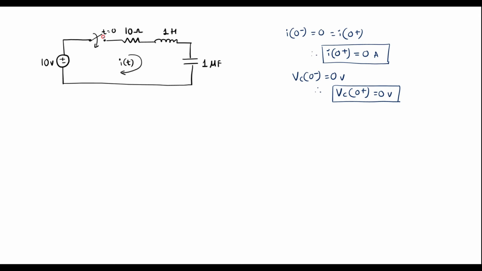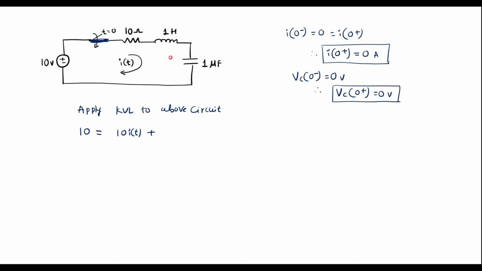Okay, now we'll assume that at t equal to 0, the switch is closed. When the switch is closed, current will start flowing in the circuit. Now let me apply KVL to this circuit, so that I can write 10 is equal to 10 into i of t plus the voltage across the inductor, which is L di of t by dt.